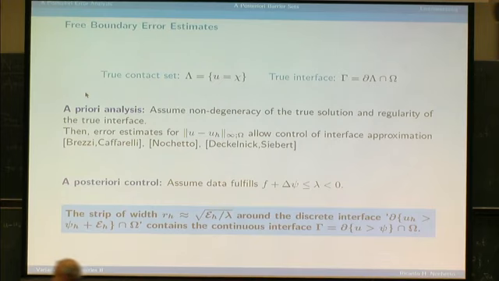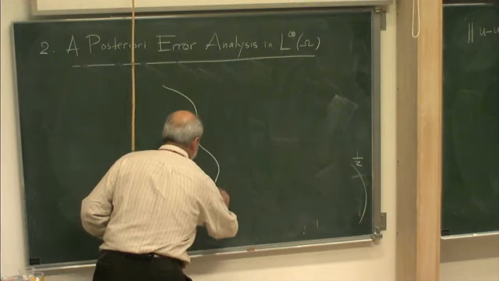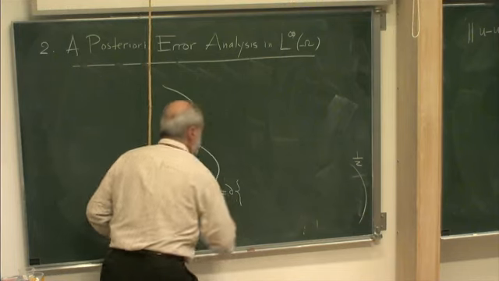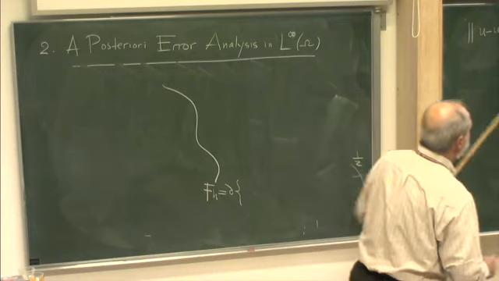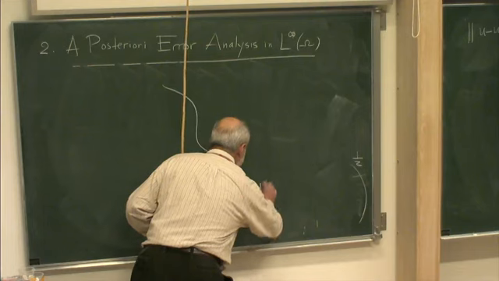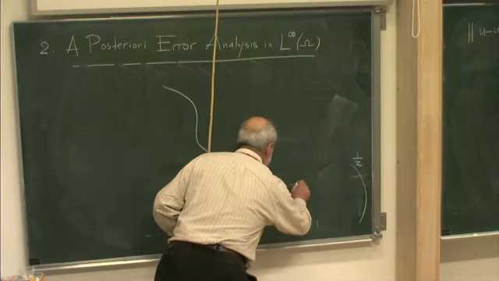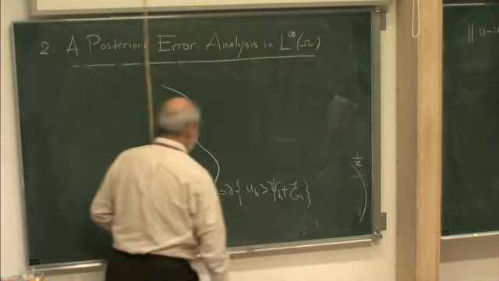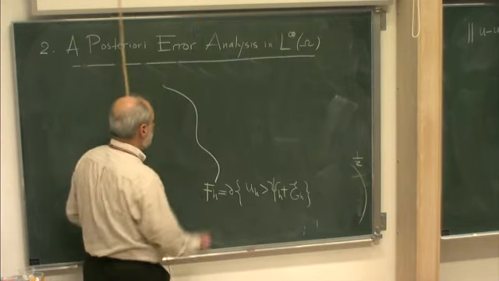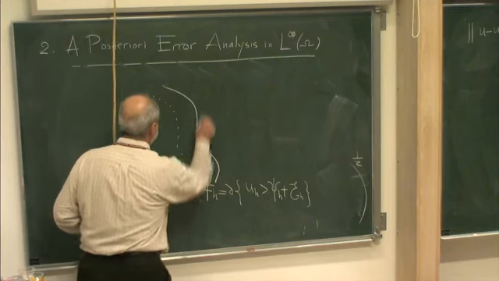So let me illustrate it with a picture. Okay, so let's say that this is our discrete interface, which is defined, as you see, we take the set where UH is bigger than the discrete obstacle plus the estimator, and we take the boundary of that, so this is FH, and now we take a strip around it.